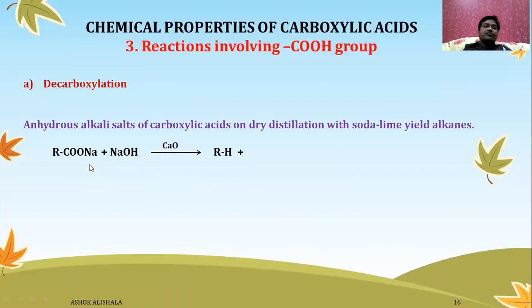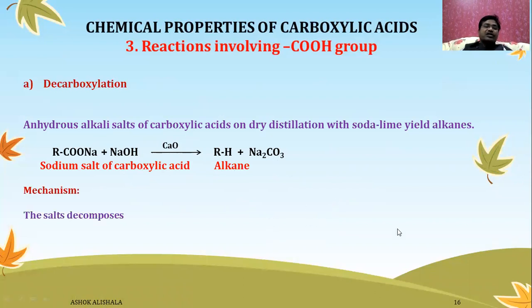Let us see one example. This is a sodium salt of a carboxylic acid, and this mixture is called soda lime, and that will give the alkane. This reaction is called the decarboxylation reaction. Sodium salt of a carboxylic acid on heating with soda lime, a decarboxylating reagent, will produce an alkane.